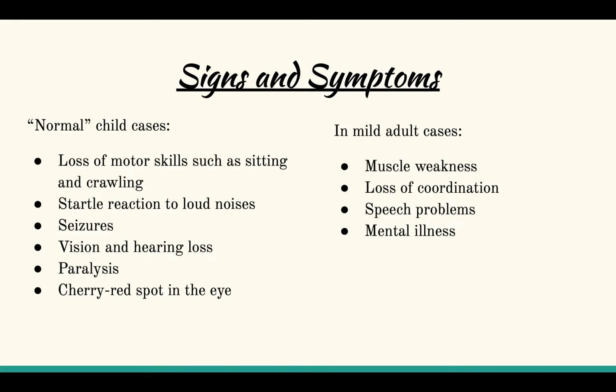They only experience muscle weakness, which can still lead to very bad things, but maybe not quite as severe as losing your life at 1 or 2 years old. Loss of coordination may be stumbling, not being able to walk straight, and speech problems like a stutter, maybe even a lisp, and then mental illnesses.